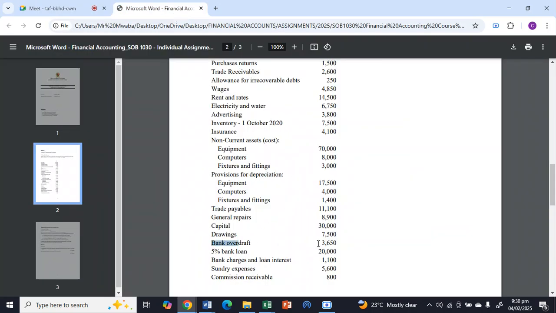Bank overdraft, 5% bank loan, bank charges and loan interest.